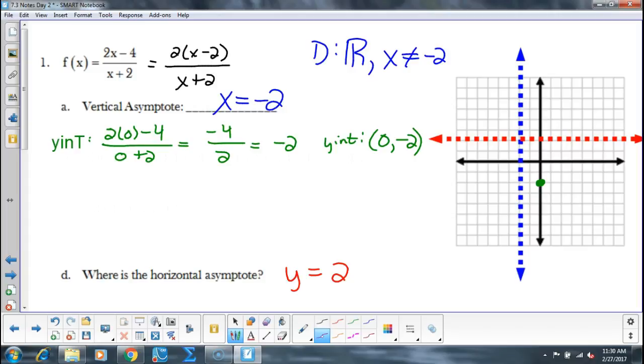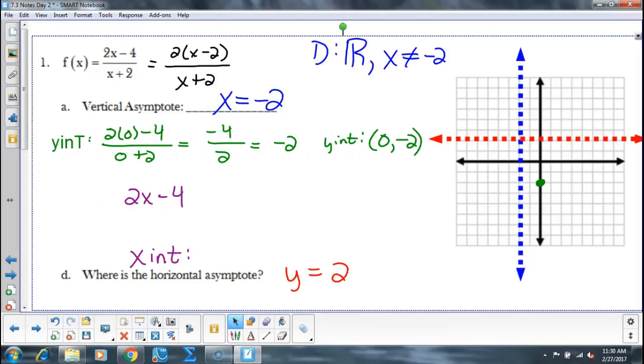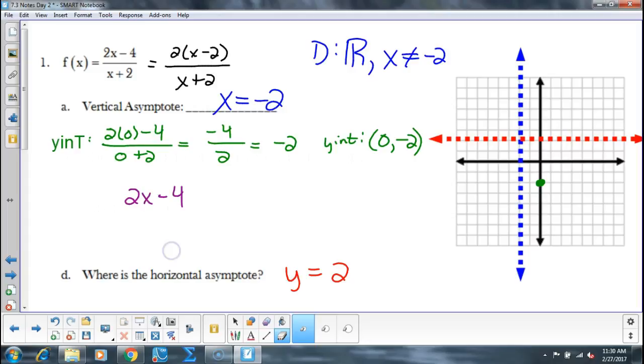Next, we find the x-intercept. How do I find the x-intercept? Look at your cheat sheet. Numerator equal to 0. So 2x minus 4 equals 0.